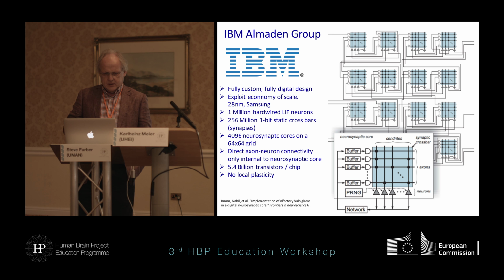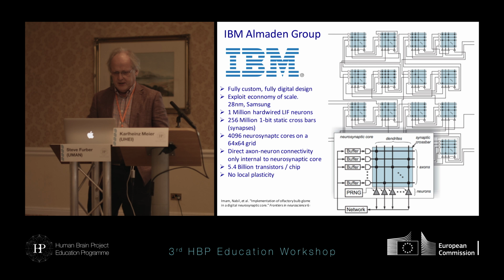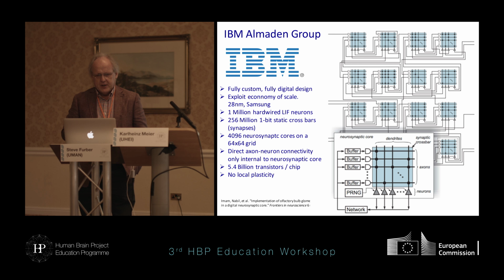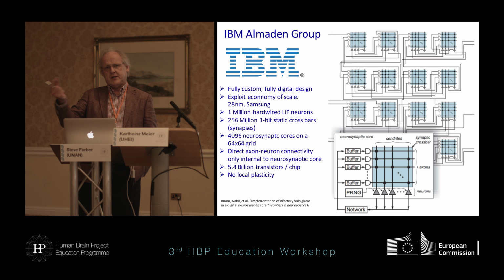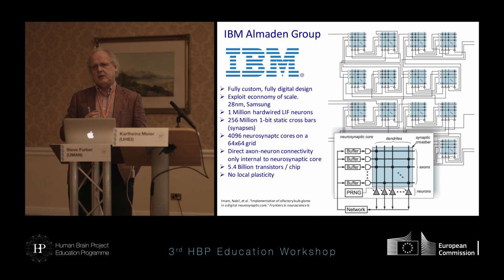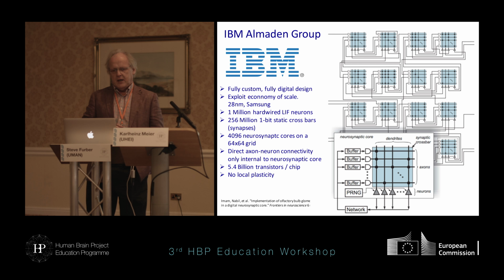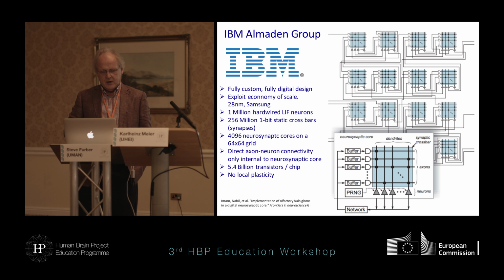It's the biggest chip IBM's ever made, interestingly, 5.4 billion transistors. One of the limitations that results from a binary synapse is you can't implement real-time plasticity on the chip itself. All the learning you have to do in an external computational model before you load the model onto the chip for real-time operation. TrueNorth runs, like SpiNNaker, at biological real-time speeds.